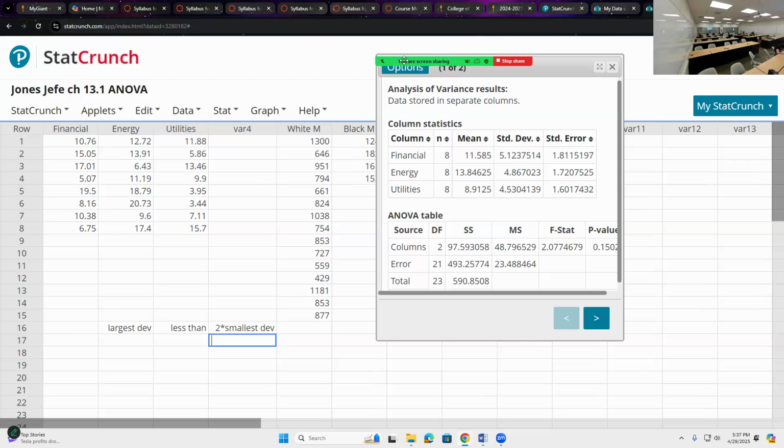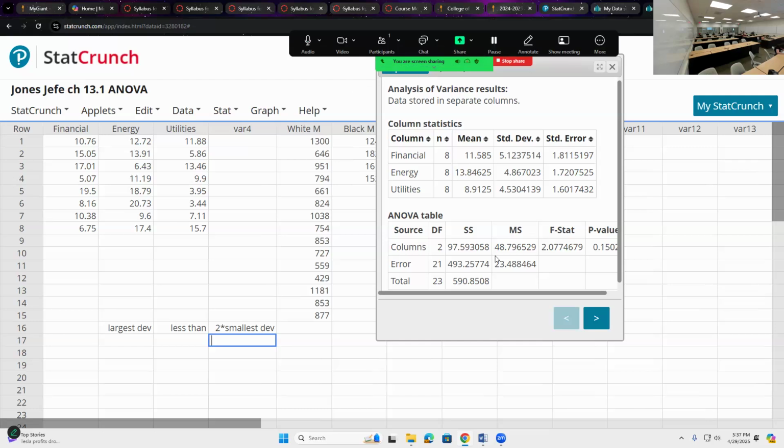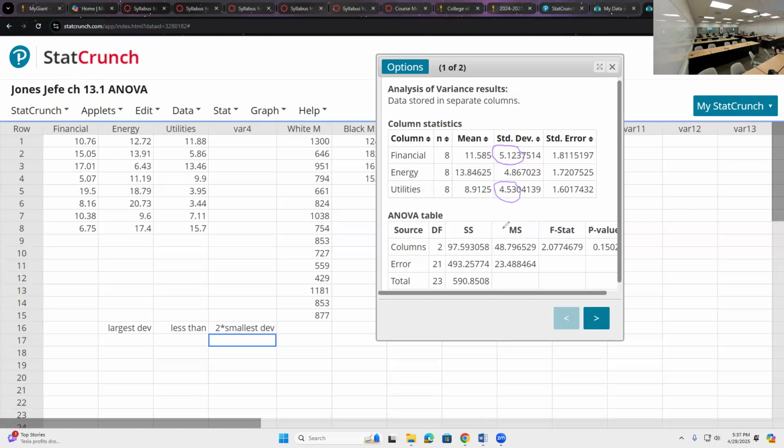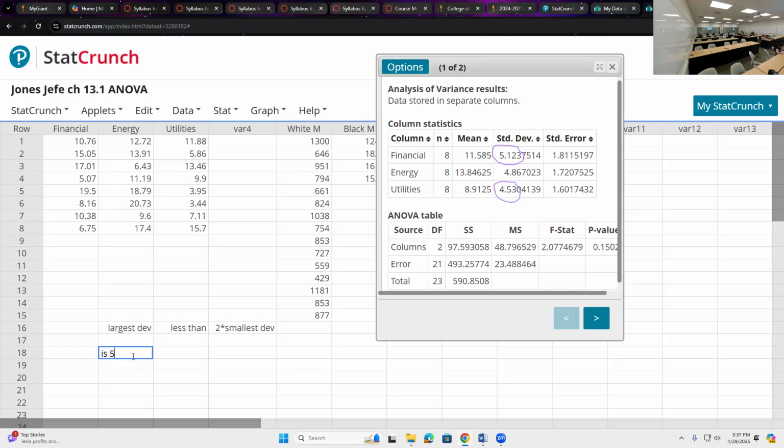So it looks like here our smallest one is 4.53 and our largest one is 5.12. So, is 5.12 less than 2 times 4.53?